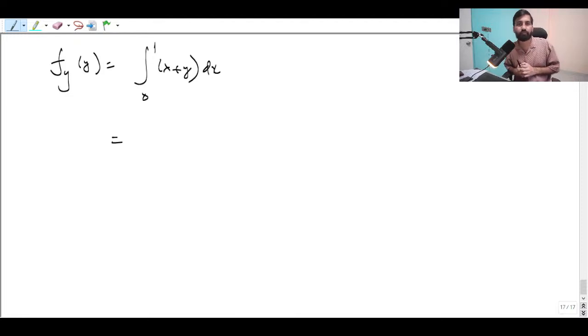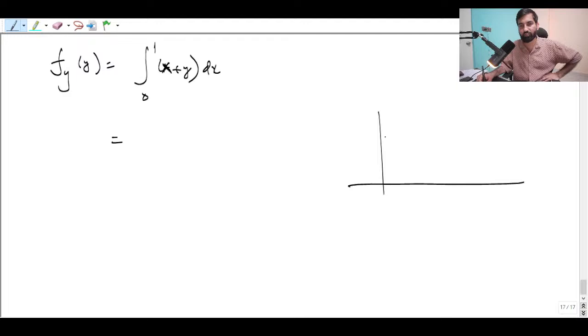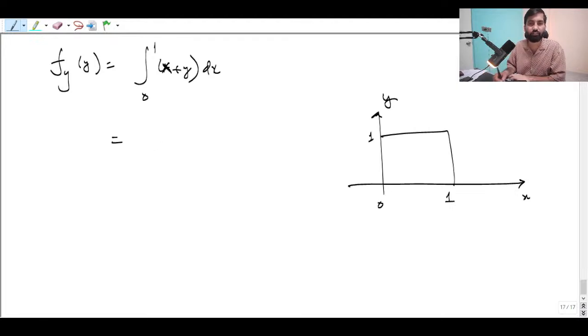By symmetry you can say that, because your region of support is uniform, 0 to 1, 0 to 1, it is uniform here. The density function is not uniform, but fine.